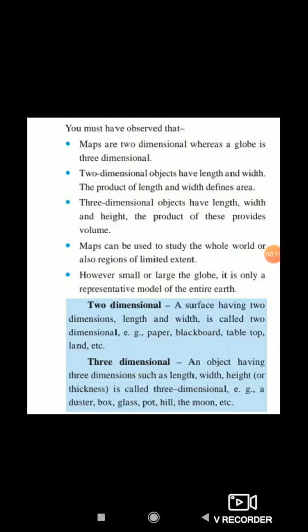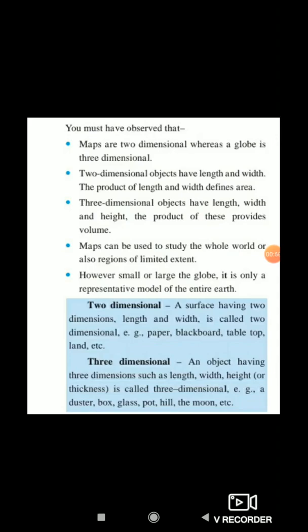First difference is maps are two-dimensional, whereas globe is three-dimensional. Why? Because map is a flat device. Map is a flat device and globe is in a spherical shape. It is rotated. That's why it is three-dimensional.